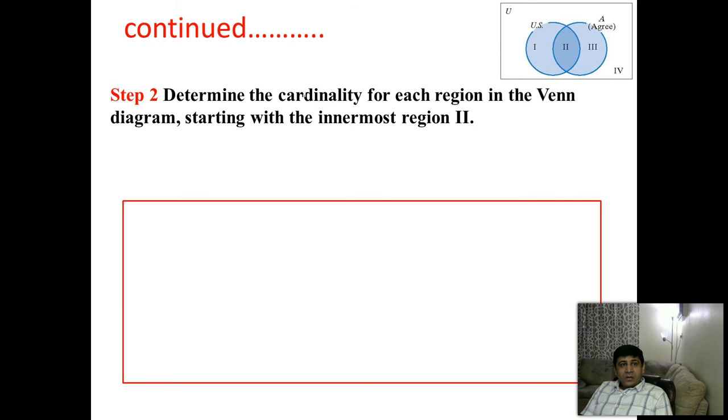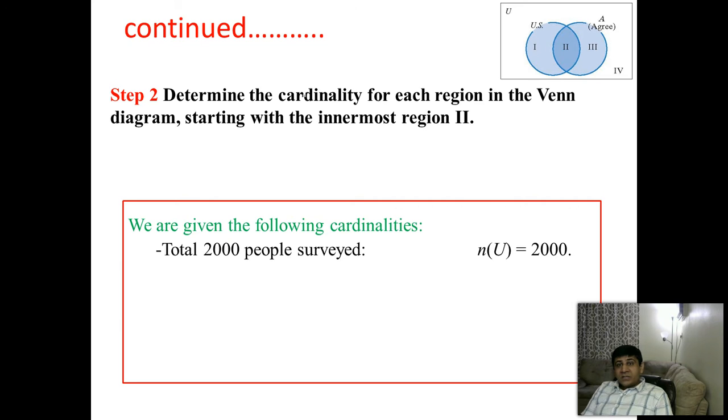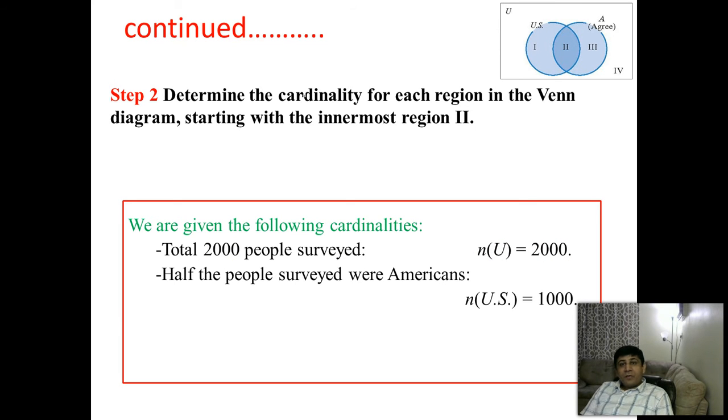Now we know the following information about the members in each set. The total number surveyed was 2000, so n of U, the universal set, is 2000. We also know that half of the people surveyed were Americans, so n of US was 1000.